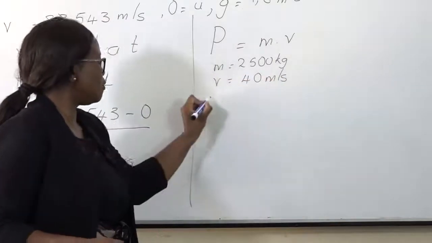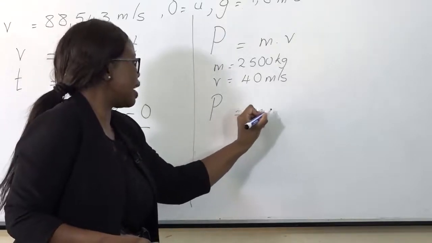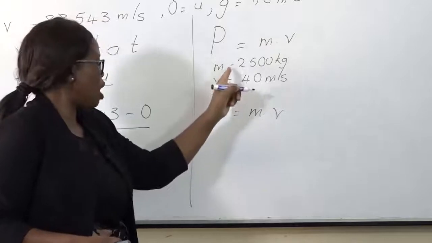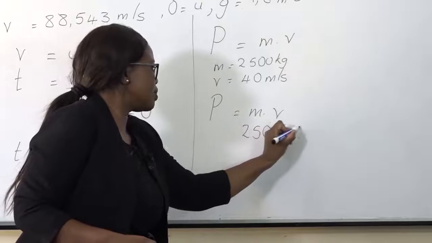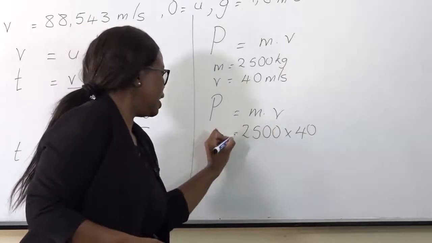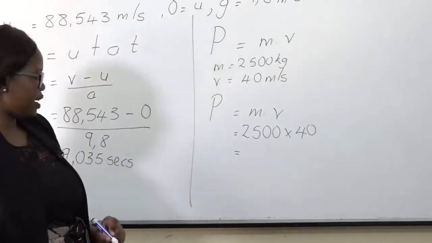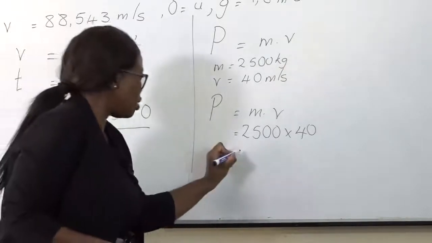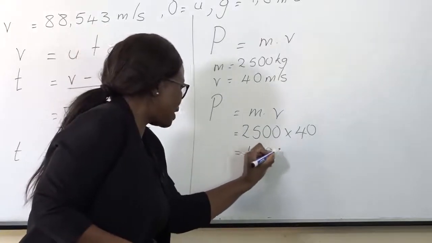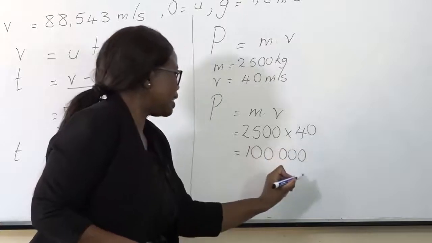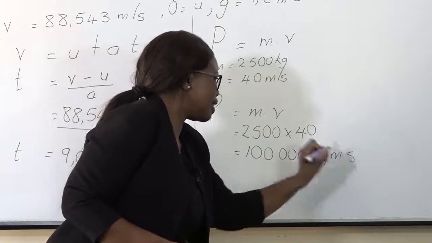According to our formula, P, which is momentum, is equal to mass times velocity, so 2,500 times 40. Let's calculate it. Our answer is 100,000.